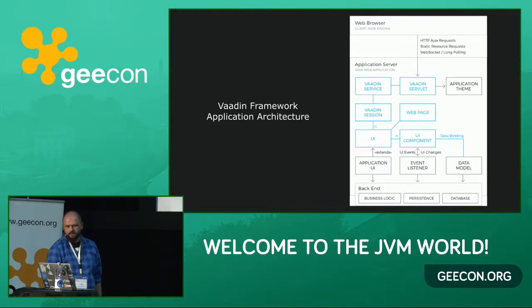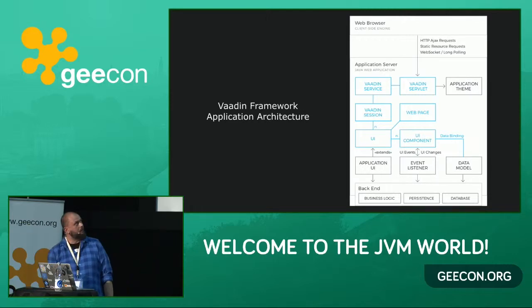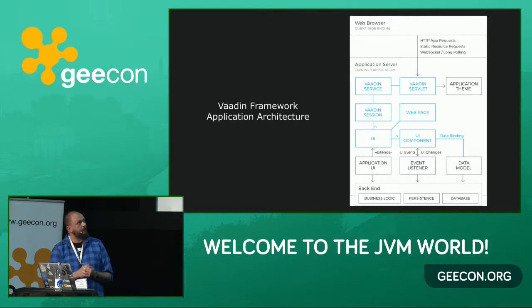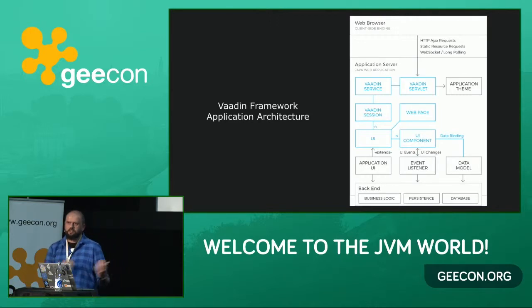Here is the Vaadin framework application architecture overview. At the top, we have a web browser with a client-side engine. This engine is responsible for rendering the DOM and HTML to the user and communicating with the server side.